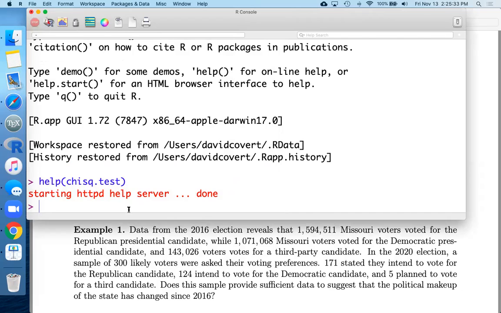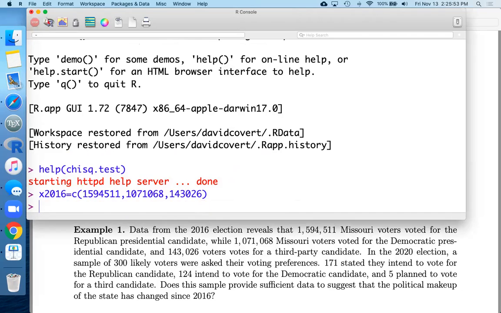And so what we're going to do is store the 2016 data: we had 1,594,511 Republican voters, 1,071,068 Democratic voters, and 143,026 third-party voters.